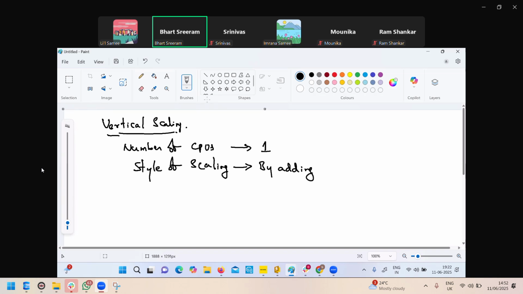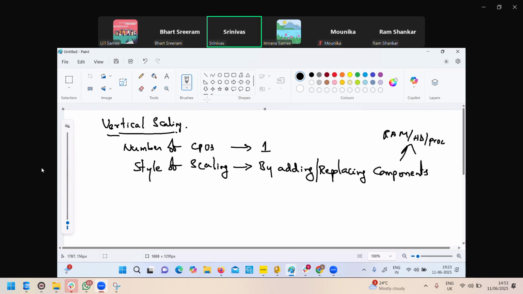I cannot add one more processor, but I can replace the old processor with a new processor. By adding or replacing components such as RAM, hard disk, and processor. Got it. This is the style of scaling.